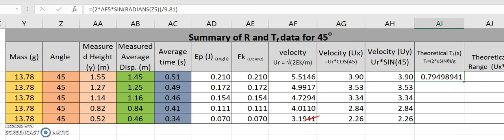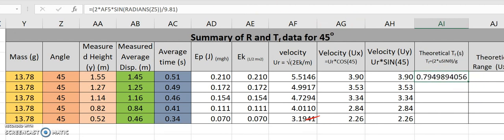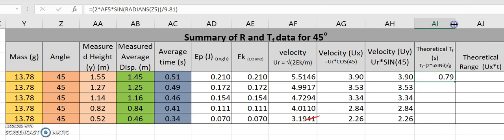I'm going to bring the decimal places back a little bit, 0.79. So we had a measurement of, what did we get for a time? 0.51, and we got 0.79 theoretically. We said that our accuracy, our precision, was plus or minus about 0.2 seconds.